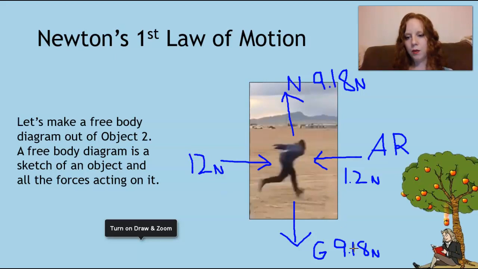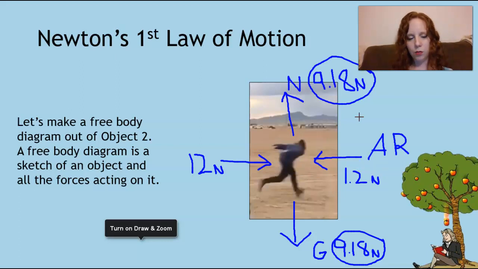So notice how I made these two the same number. These are balanced forces, so they have to be the same to cancel each other out. I made these two different numbers because they're unbalanced forces, which is the reason why he is moving to the right.